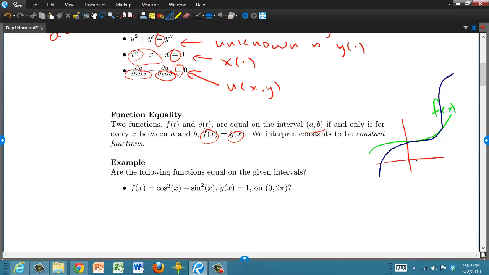So between these 2 points, say 1 and 2, f of x may well equal g of x on the interval 1 to 2. However, if we look over here, say at -1 to say 4, it's clear that f and g are not the same on the interval -1 to 4. So function equality depends totally on the interval that we're talking about. Okay?